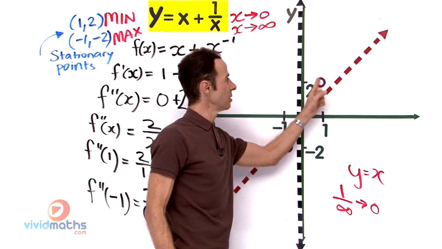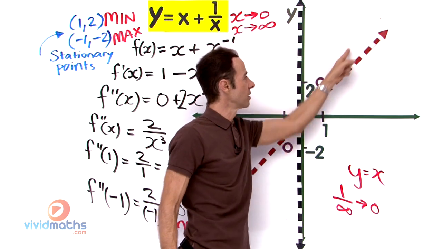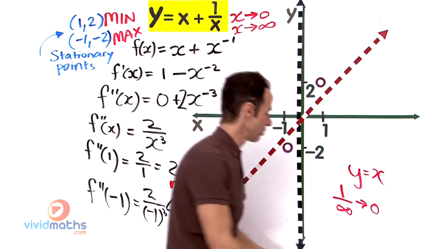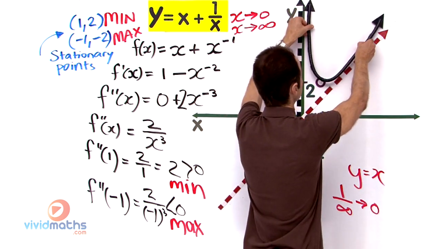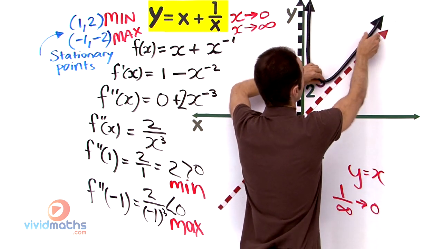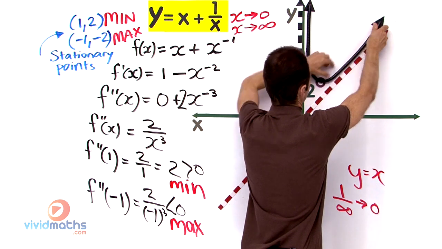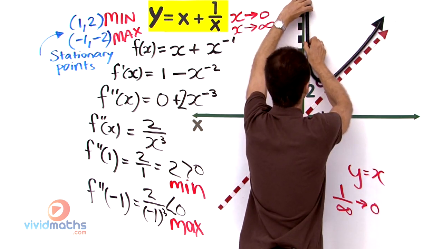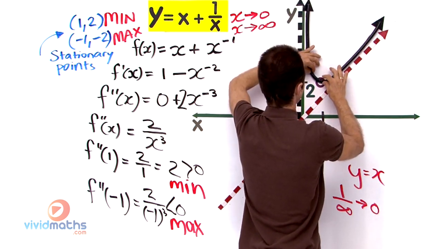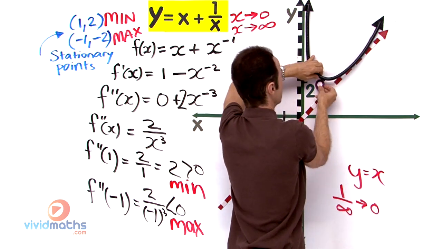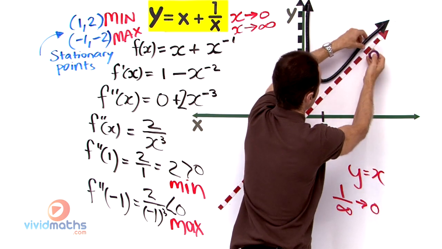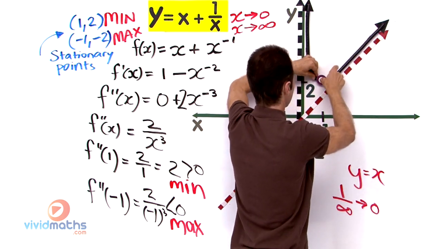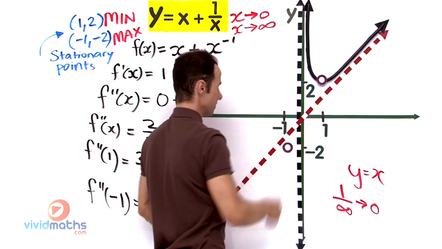1, 2, there's a minimum, so it's going to go around like that. So let me just draw that in right now. There we go, like that. There we have it. All right, there's our minimum right there.